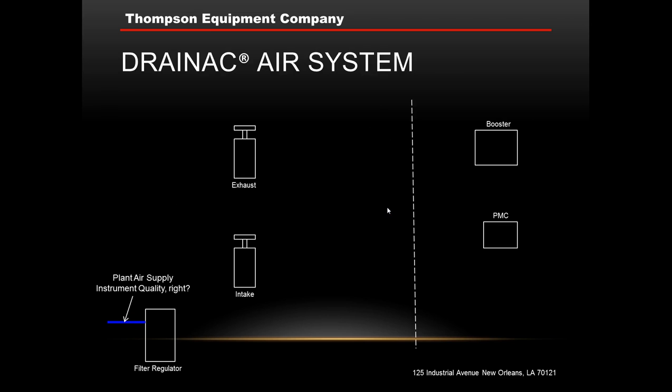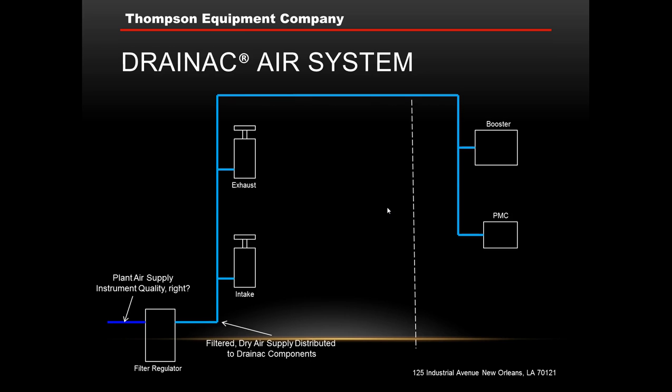You have a supply of air coming into a filter regulator on the left-hand side of the Drainac cabinet. This is the pneumatic air supply for the various components in the system and is distributed throughout. So that filtered dry air goes to both the differential pressure relays, the intake and the exhaust regulators.